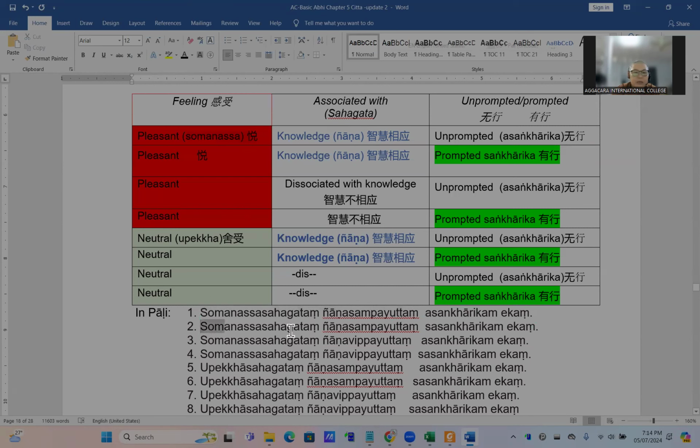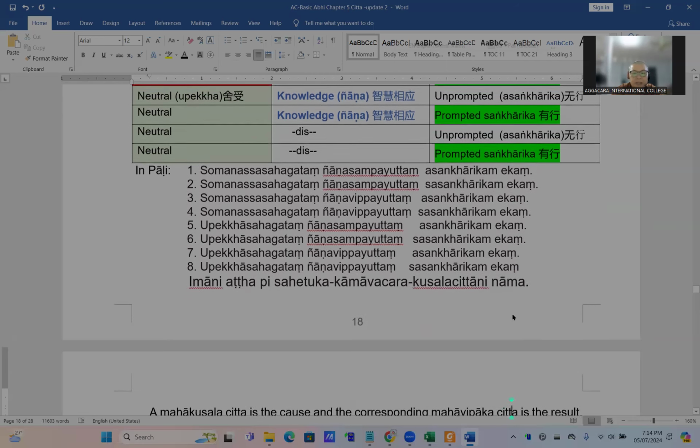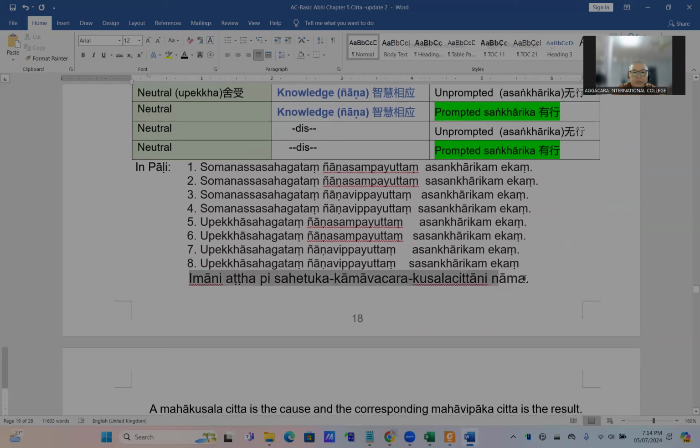Okay. Then the second one will be somanasa sahagatam, pleasant feeling, jnana sampayutam, with the knowledge, sasankarikam, prompted. All right. Now here is actually like writing is ekam because it finished with this word. These 8 are called the kusala citta. But if you don't want to use the word ekam, you can just put the word chittam.